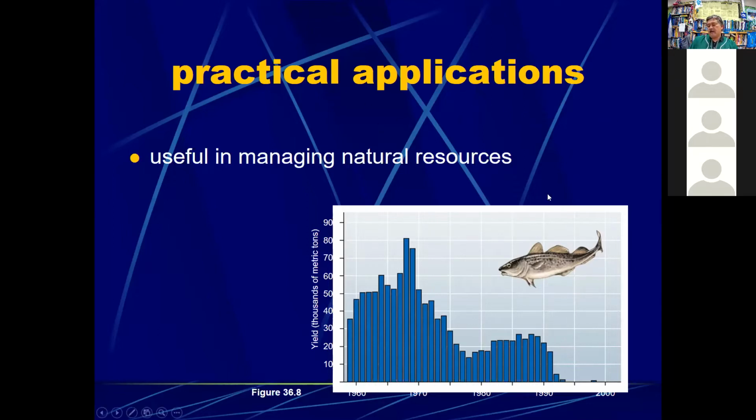Practical applications of this study of populations are useful. This information is useful in managing natural resources like fish, like salmon that are going upstream. Fishery is very important these days as a food source that is being diminished.